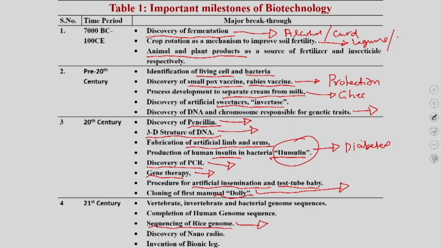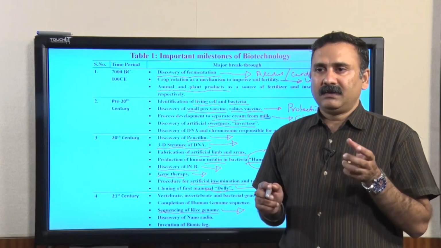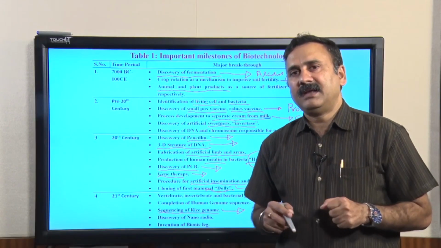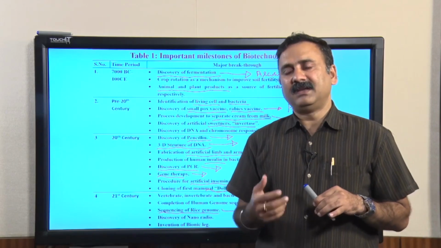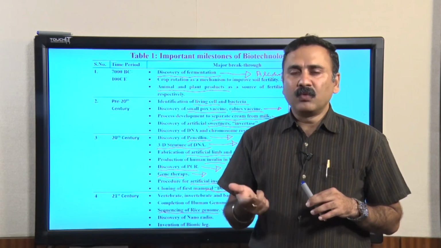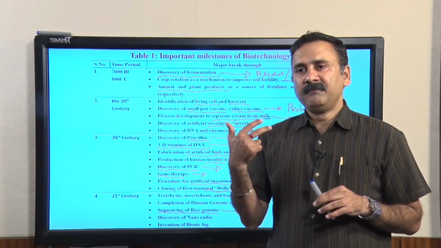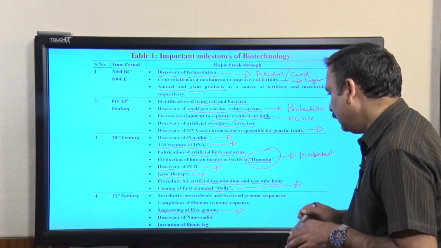With the sequencing of the rice genome, they did the same thing. What they understood is which genes are important for the different types of abiotic as well as biotic stresses in rice, and how they can manipulate them to improve the crop, its quality, and its productivity.